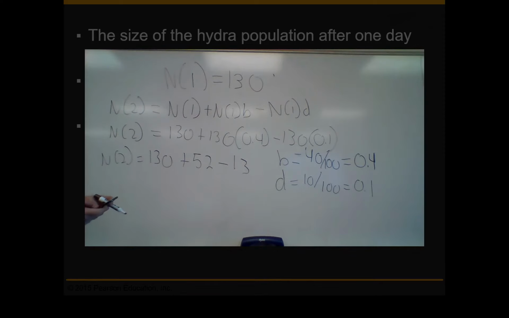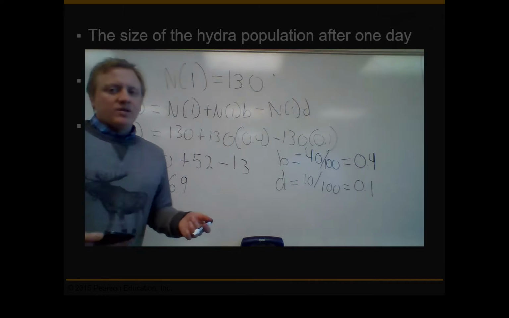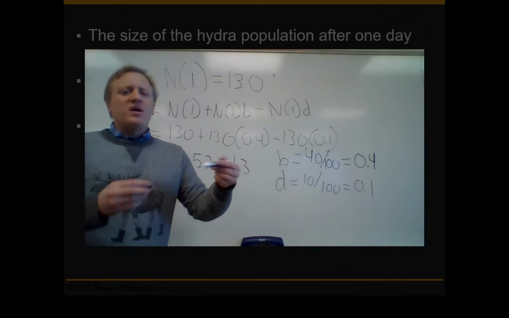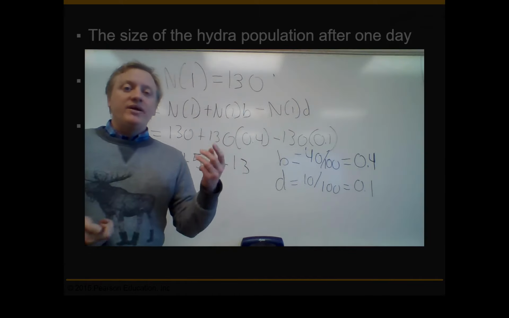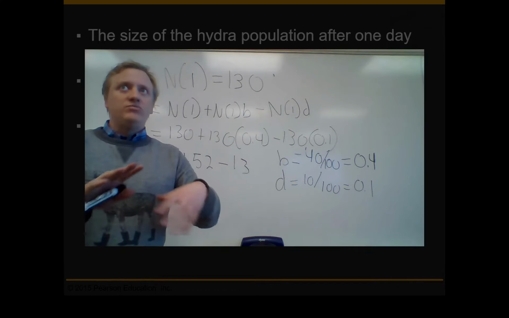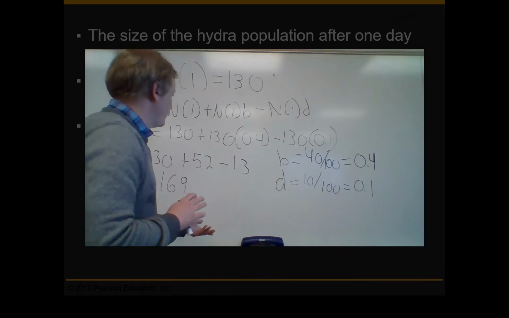And let me just finish this math up. So the number at day 2 is equal to 169 individuals. Let's calculate the number at day 3 just to make sure that this is all crystal clear to everybody.